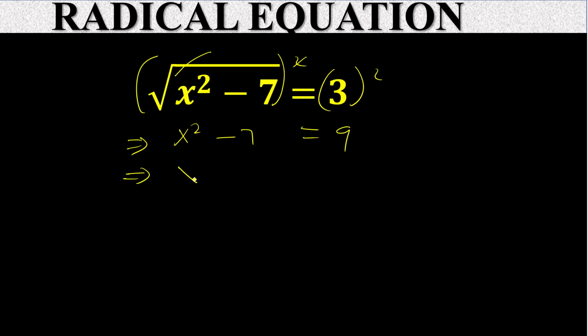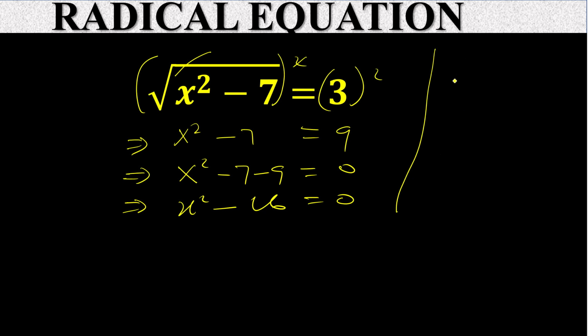Let me bring this 9 in, so it will be x squared minus 7 minus 9 equal to 0. So x squared minus 16 is equal to 0. Now in case you are given a squared minus b squared, that is the same as (a plus b)(a minus b).